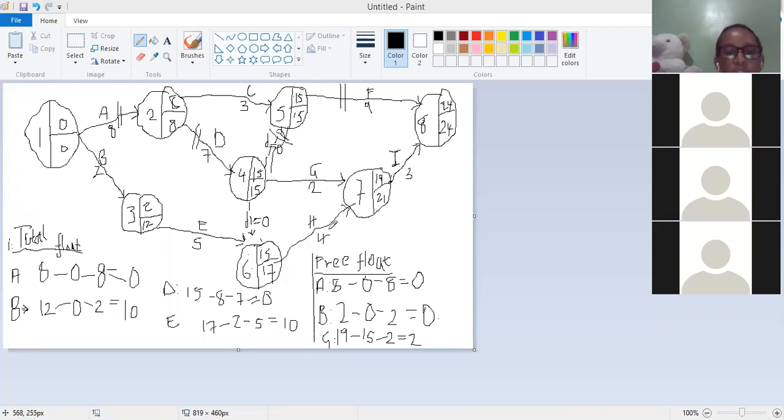So if we have understood this, kindly, I would want to hear from you. How would I compute the free float of activity H here? Somebody? How do I compute the free float of activity H? 19 minus 15, minus 4.